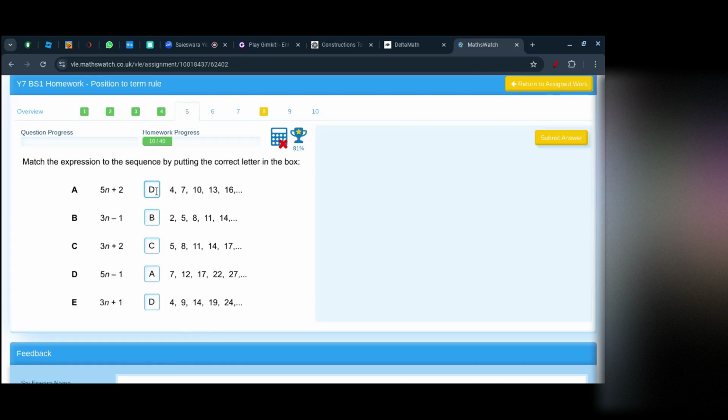Over here, check this one for E. Check the first and second term. Can you write it on here? E for first and second term. E, 3n plus 1.